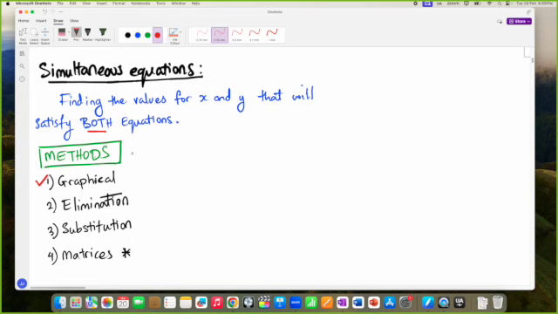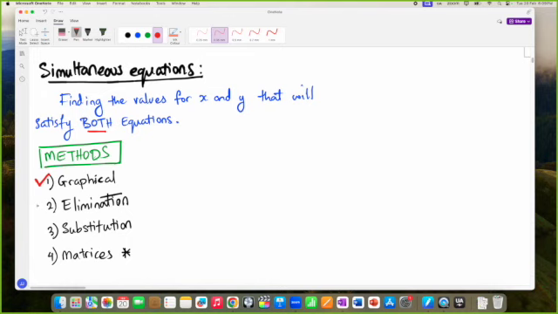You can see we have 4 methods here. We already did the first method, which is the graphical method. So if you're asked to solve simultaneously using the graphical method, that is what you would do.